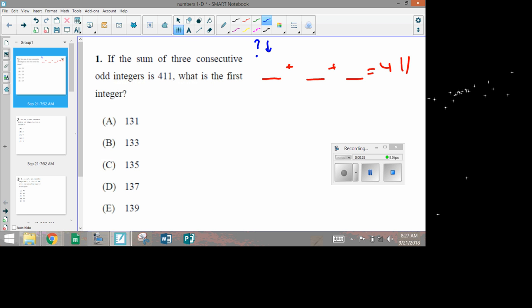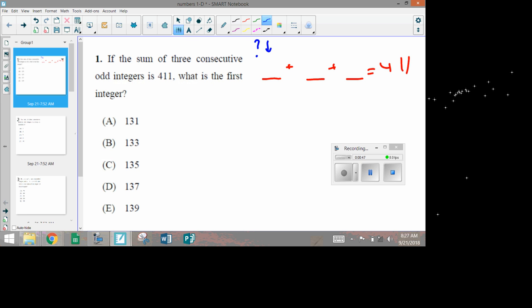When you see that kind of question, if you're adding three consecutive integers and getting a number, when you divide the result by 3, which one do you get? First, second, or third? You always get the middle one. It never changes.